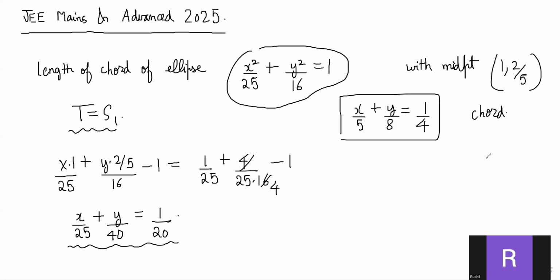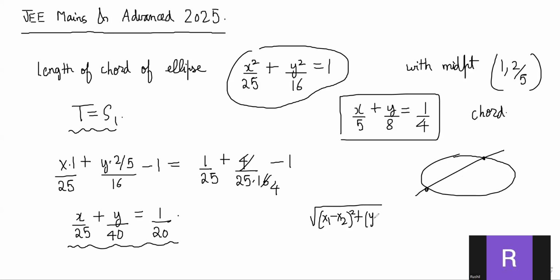If there is a chord that cuts, I need root over x1 minus x2 square plus y1 minus y2 square. But if this line is y is equal to mx plus c, obviously y1 minus y2 is m times x1 minus x2.